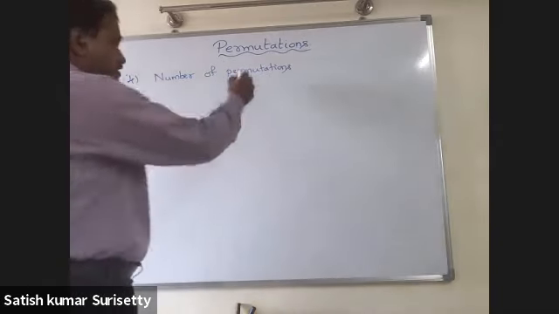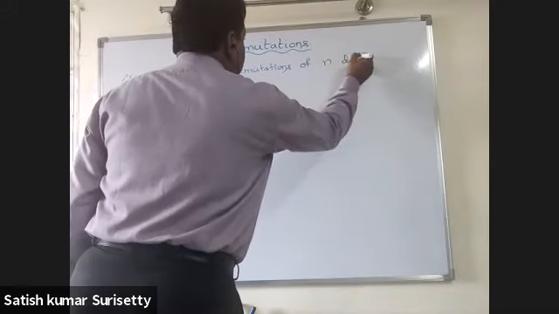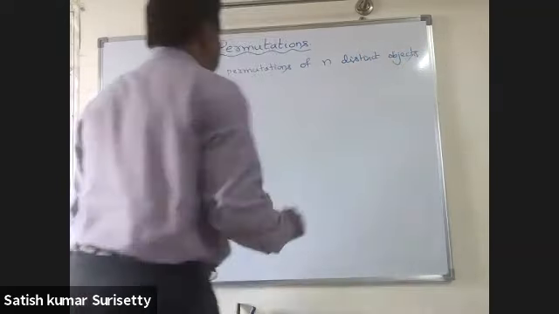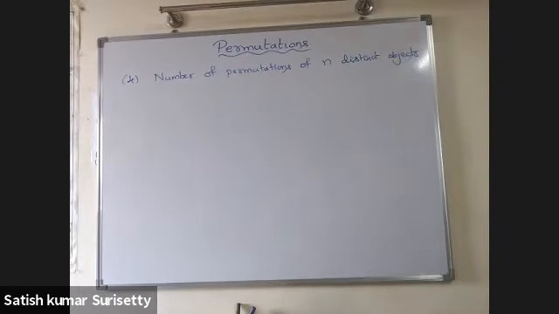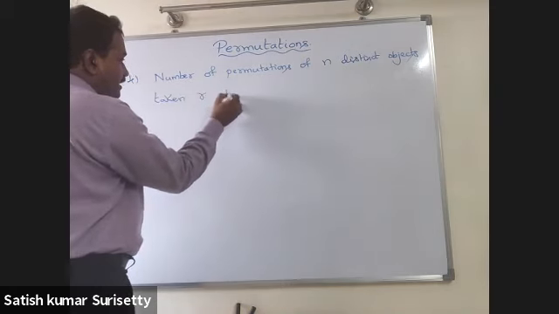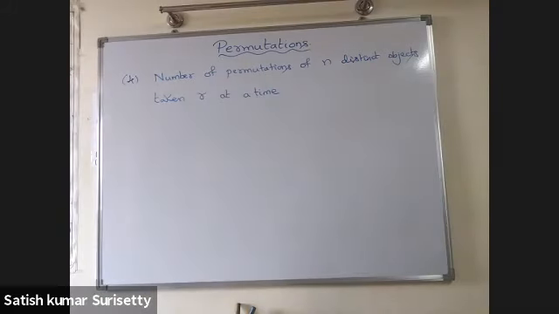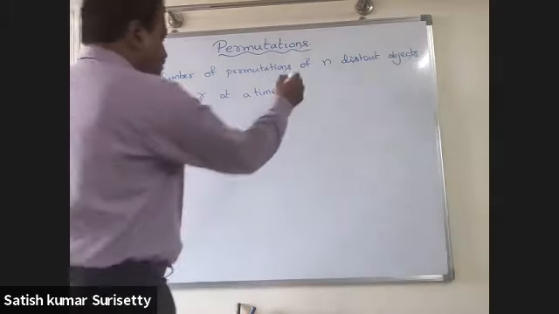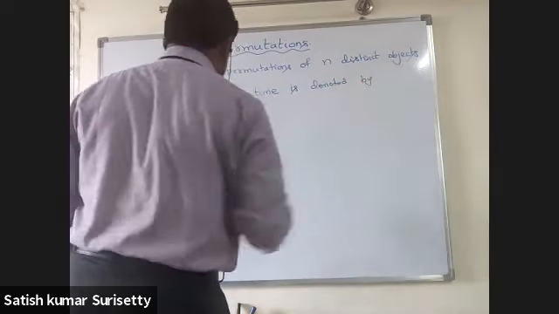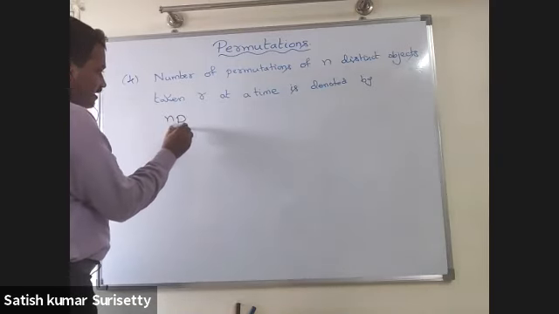So the number of permutations of n distinct objects taken r at a time is denoted by nPr.